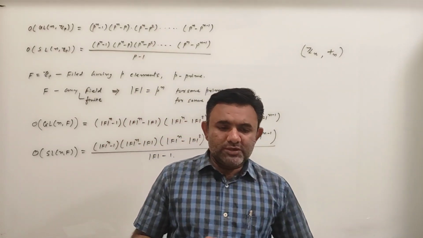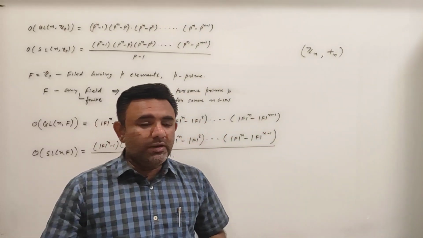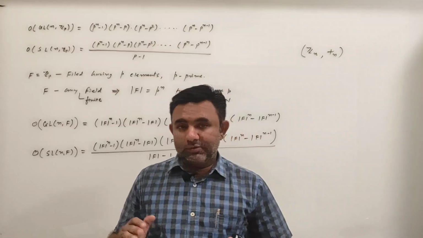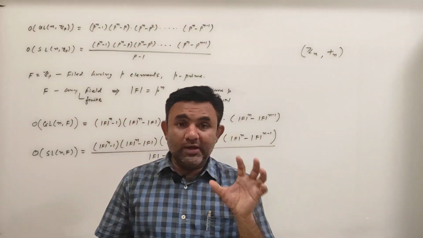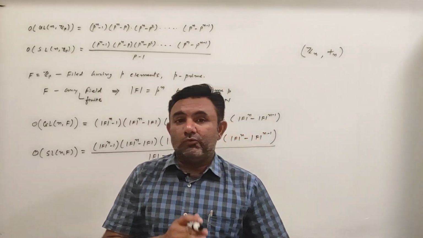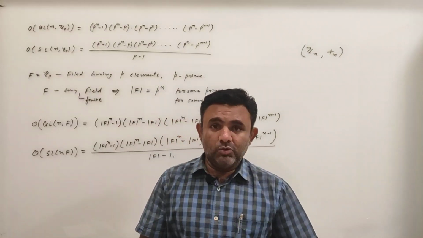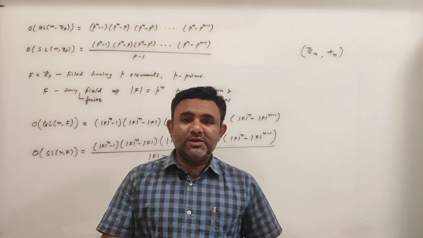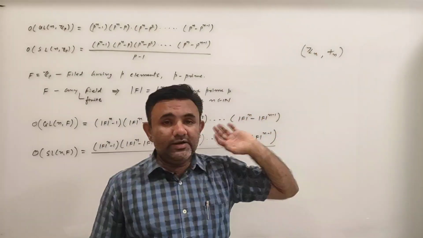Now if you consider any finite abelian group, then the fundamental theorem of abelian groups says that any finite abelian group, once again I am talking about a finite group and it must be abelian, can be expressed as the external direct product of Zn's.